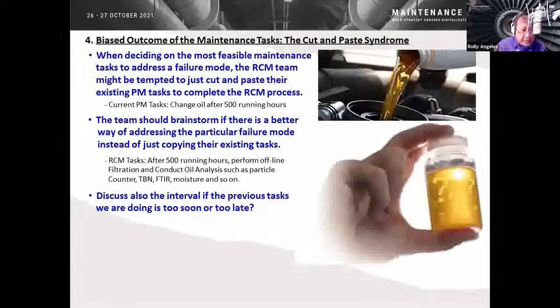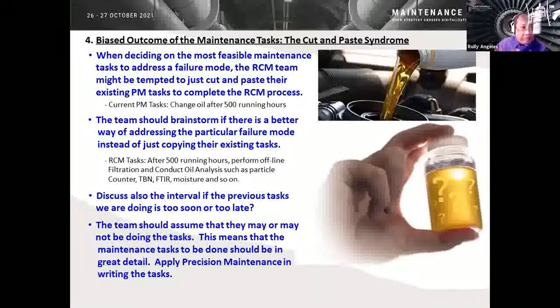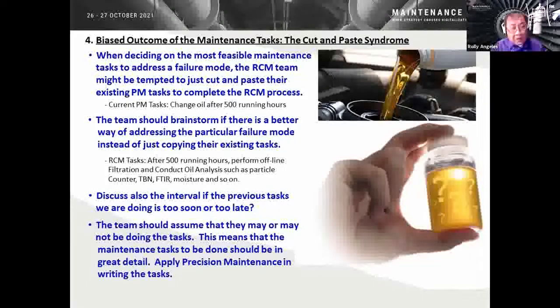Okay, so when we perform an RCM, it will only ask you for the initial interval. Now, the team conducting the RCM analysis must assume that they may or may not be performing the task, or other people might be performing the task. So it means that the task to be done must be in detail.